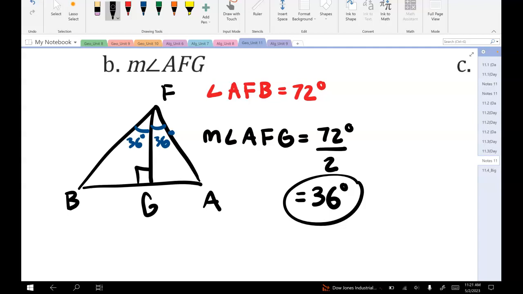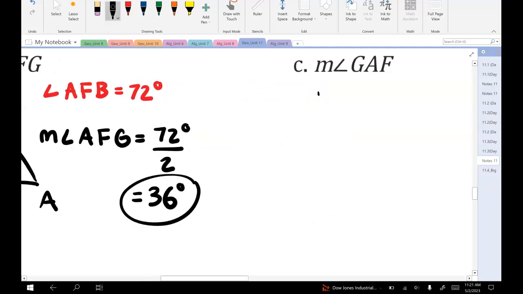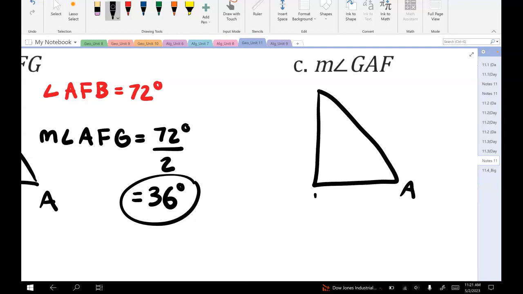We're going to zoom in again to find our last missing angle. We're looking for angle GAF now. So we said this was A, this was G, this was F. We know this angle is 36 now, and this is going to have a 90-degree measure. We don't know what angle A is, though. This is what we're trying to find. How we can do that is that the interior angles of a triangle have to add to 180. It's coming back, we haven't done it in a while.